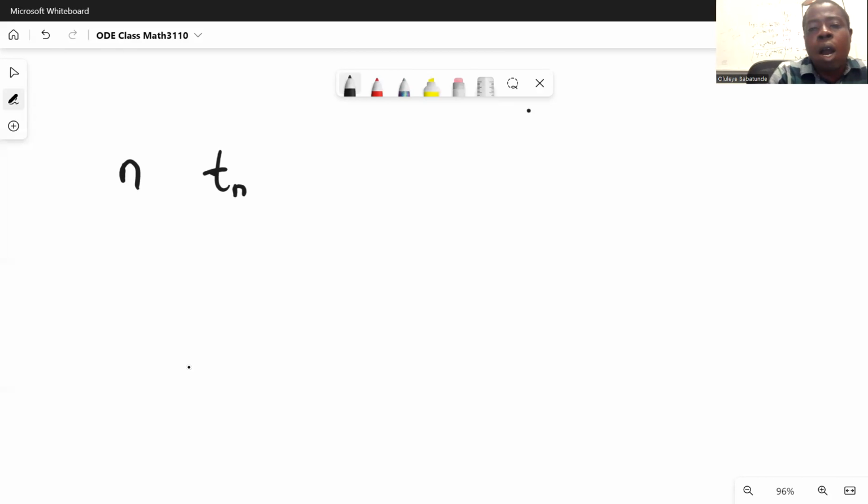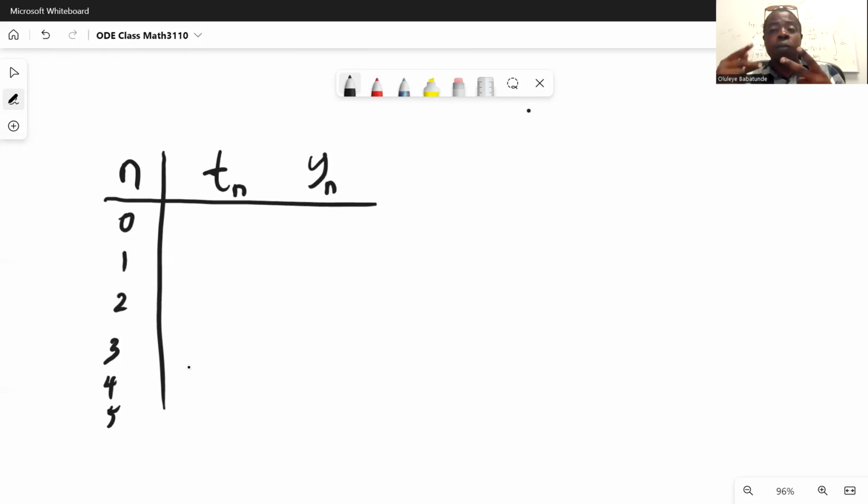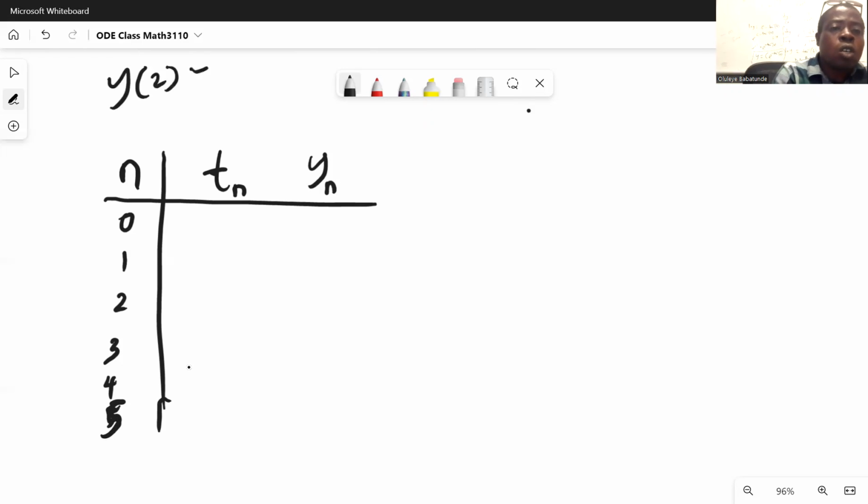And this is your y value. N is 0 to 5. That just means how many times you want to do the calculation. For this one, the calculation is going to be like 6 times.